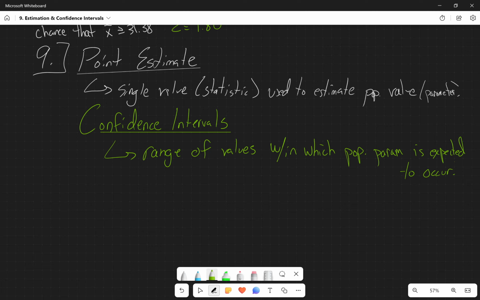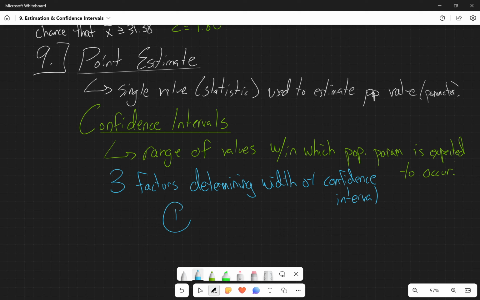So there's going to be three factors that determine the width of a confidence interval. The first one is the number of observations in the sample, n.